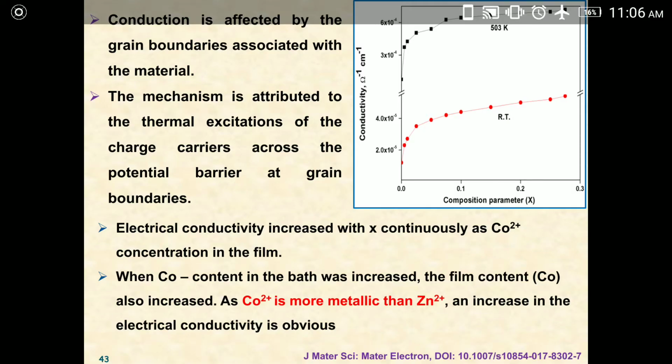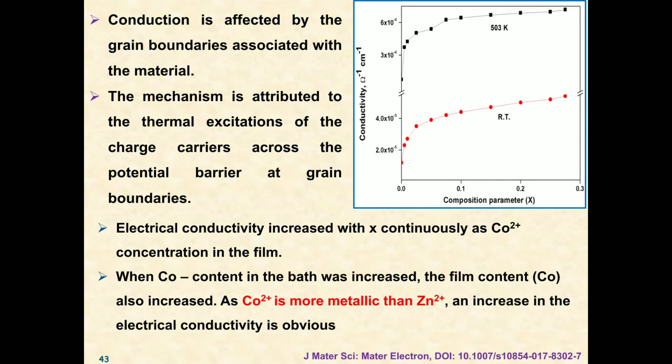The electrical conductivity increased with composition parameter X continuously as Co2+ concentration in the films increased. When Co content in the bath was increased, Co in the film also increased, as Co2+ is more metallic than Zn2+, and the increase in electrical conductivity is obvious. And this data is published in the Journal of Materials Science: Materials in Electronics.